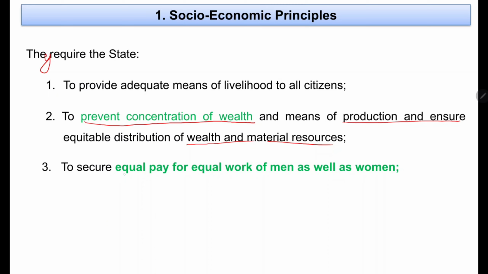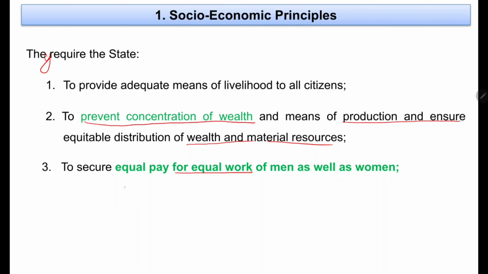See, for this a minimum wage has also been fixed, isn't it? So here the third point that comes under socio-economic principles is that there should be security for equal payment for equal work, means there should be no discrimination.